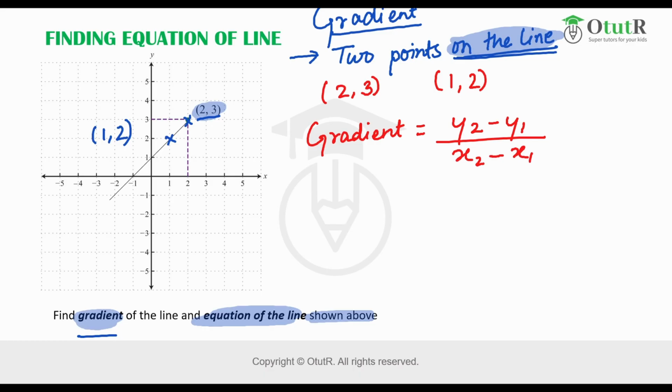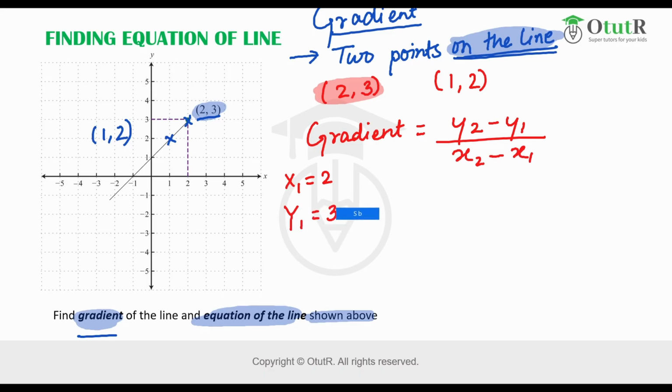After writing down this formula, choose any one of the points. You can choose 2 comma 3 or 1 comma 2, it doesn't matter. In my case, I'm going to choose 2 comma 3. So my x1 is 2 and my y1 is 3.